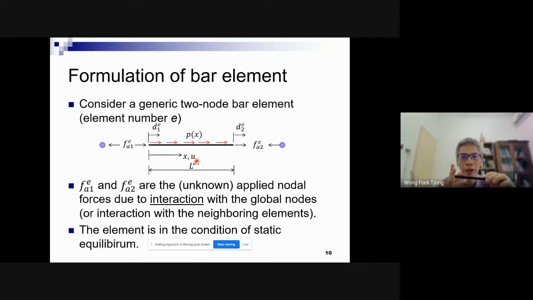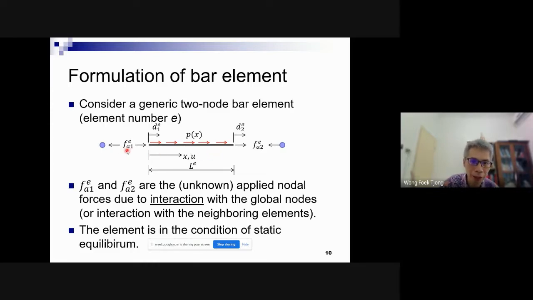If we separate the element, of course, the element should be in equilibrium. If we only cut and then without providing any force, most probably the element is not in equilibrium. So we should provide the force here. This is the equilibrating force to make the element remain in equilibrium.